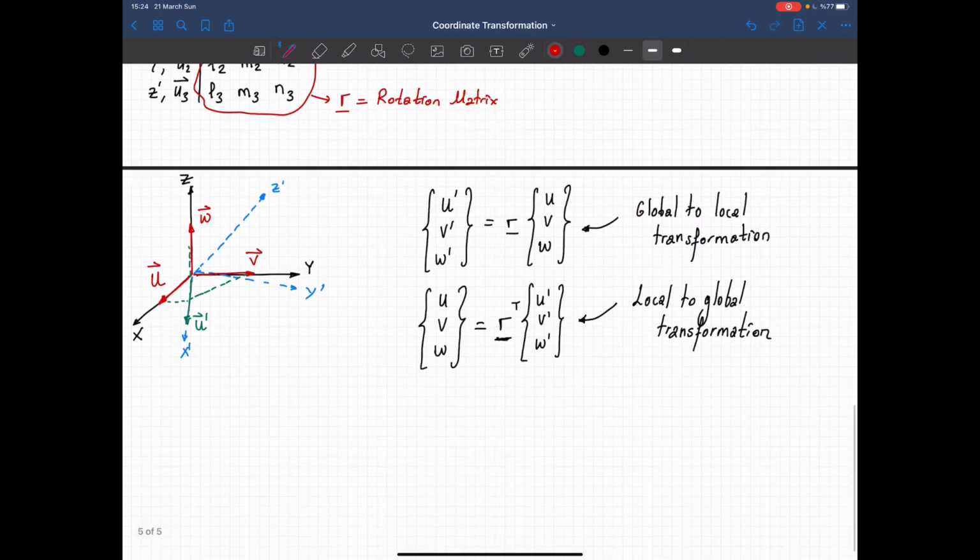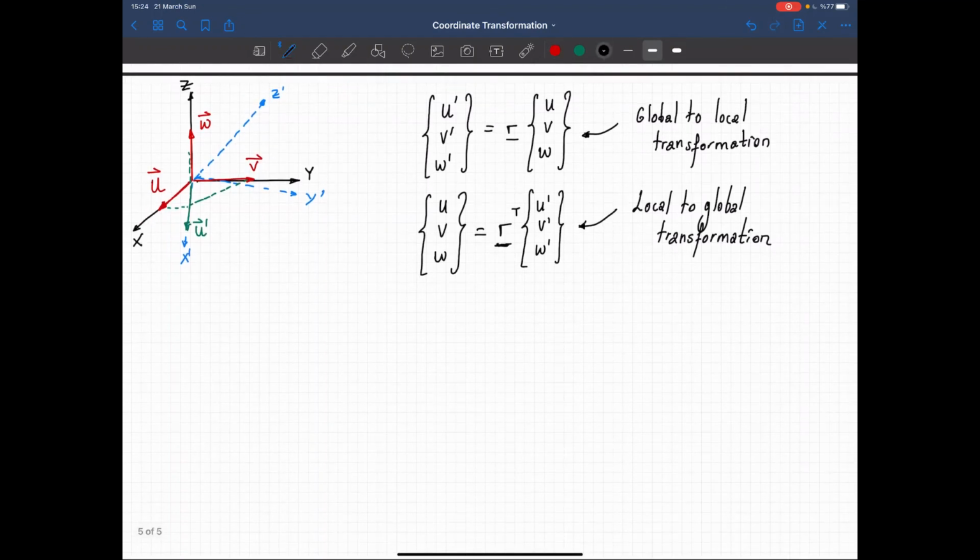And our real rotation matrix for the quadrilateral element will be, for each force and moment couple, a rotation matrix.